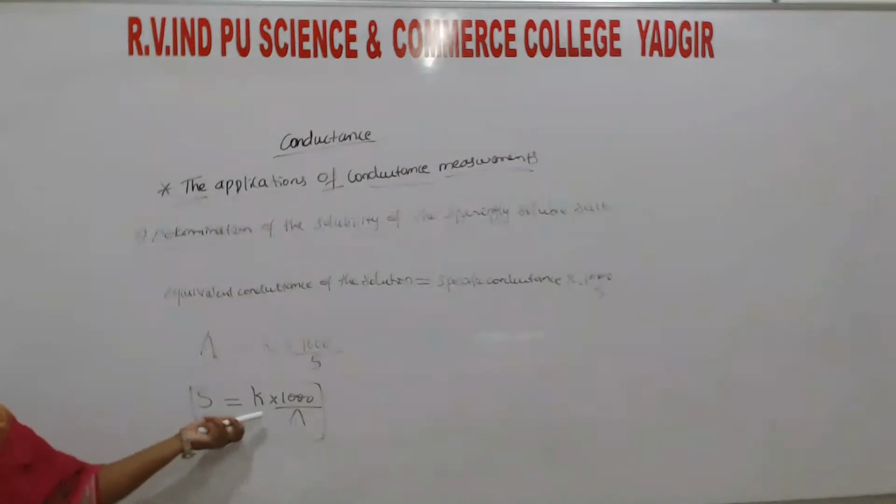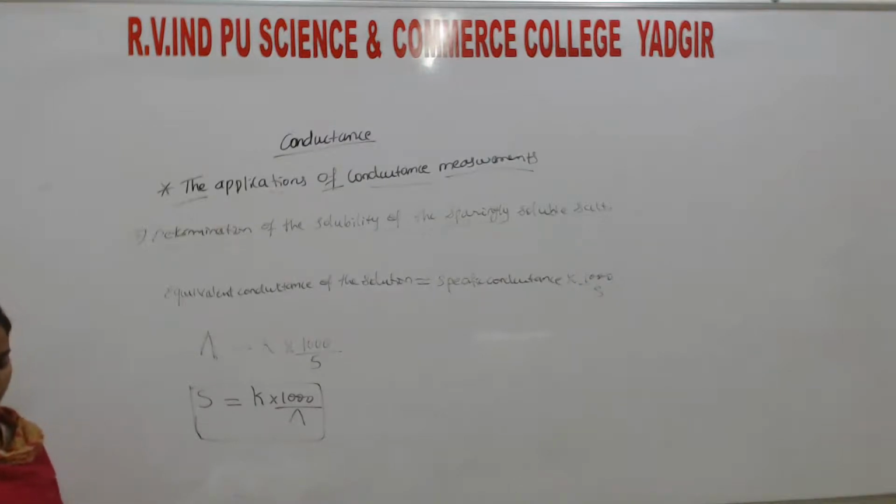S is equal to K into 1000 divided by lambda naught, and according to Kohlrausch's law, the value of lambda naught can be found by the application of Kohlrausch's law.